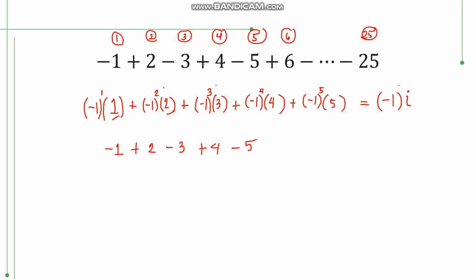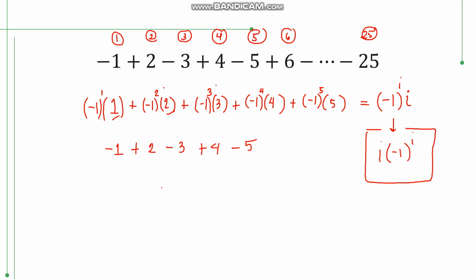So we can write here negative 1 raised to i, so that we can follow this particular pattern. Or if we just arrange this, it will become i times negative 1 raised to i. So this one now will be our general term.